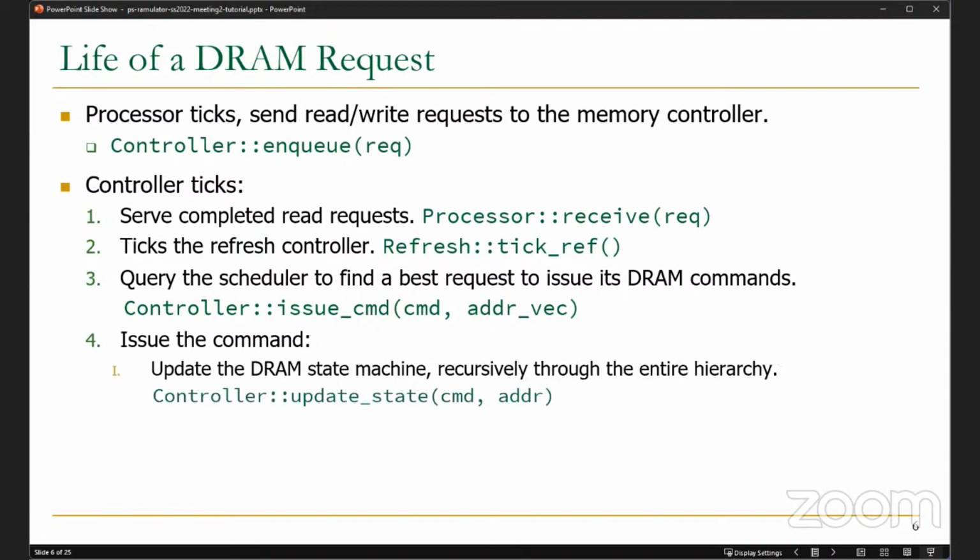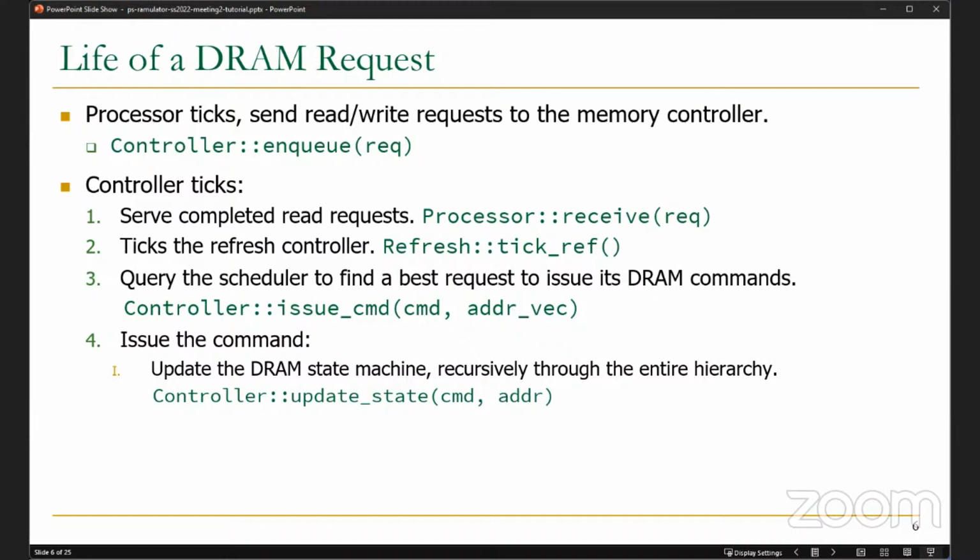In order to do so, it basically performs 3 steps. First, it updates the DRAM state machine in a recursive manner through the entire DRAM hierarchy, let's say from the channel to the rank to the bank groups and up until the banks.